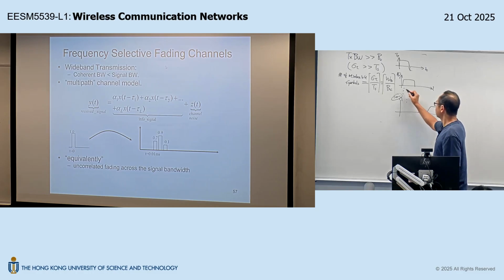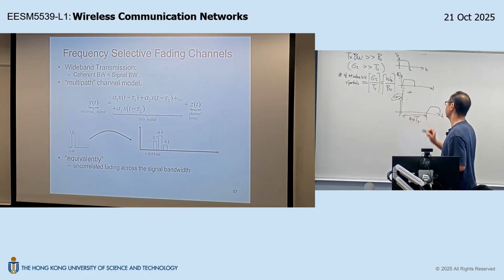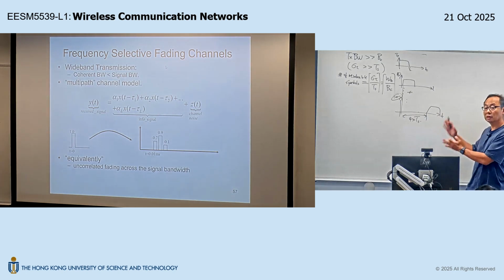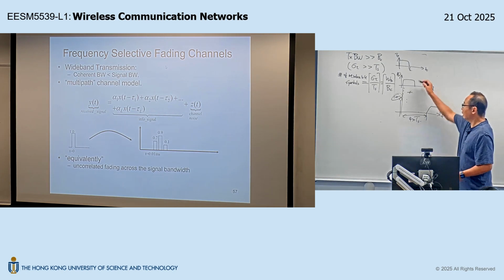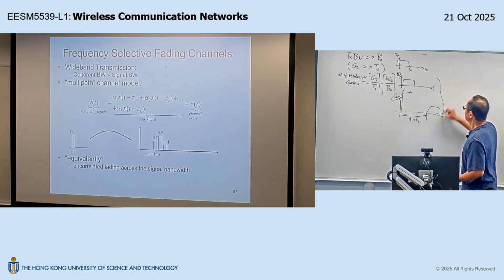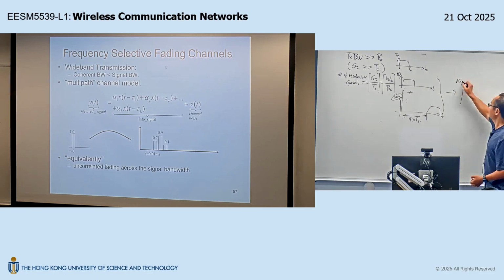Okay, so this range would be 4 times the symbol duration. So in this case, you have a much larger delay spread than your symbol duration. After you add all this together, you will see that the received signal is perceived as multiple symbols suffering from independent fading.